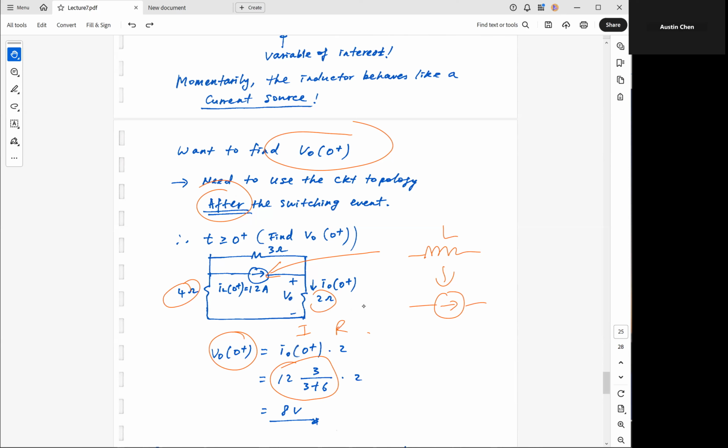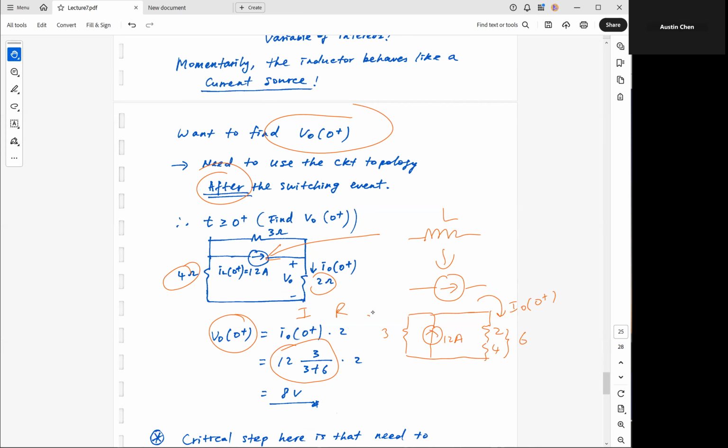So I have this 3, this current here is 12 amp, and I have these 2 resistors combined, 4 and 2, so I have 6 over here. And we need to find the current passing through this 2 ohm resistor. This is I0 at 0 plus.